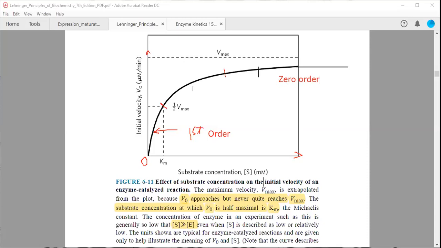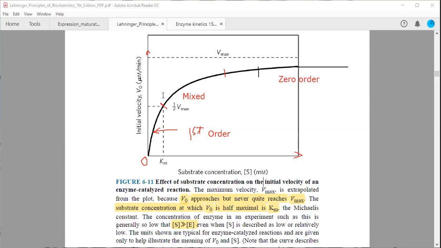But if you look here, it is not increasing very much. There is a small change, and it is steadily increasing with the increasing substrate concentration up to here, or even up to here. So this is actually called the mixed kinetics. Okay, so you can write mixed kinetics here. And what is the overall shape of this curve?